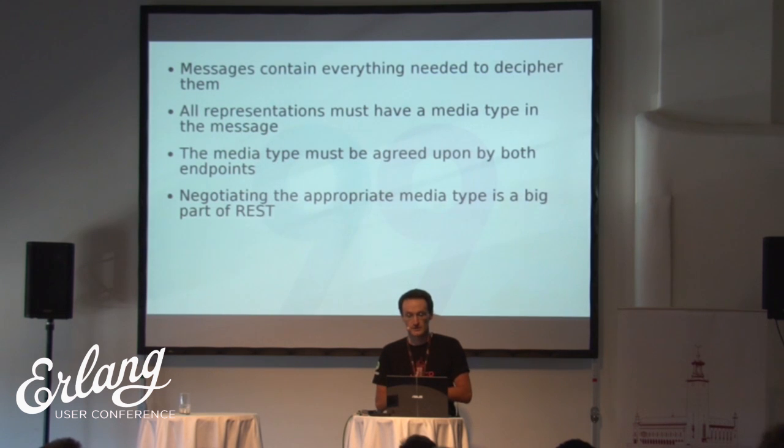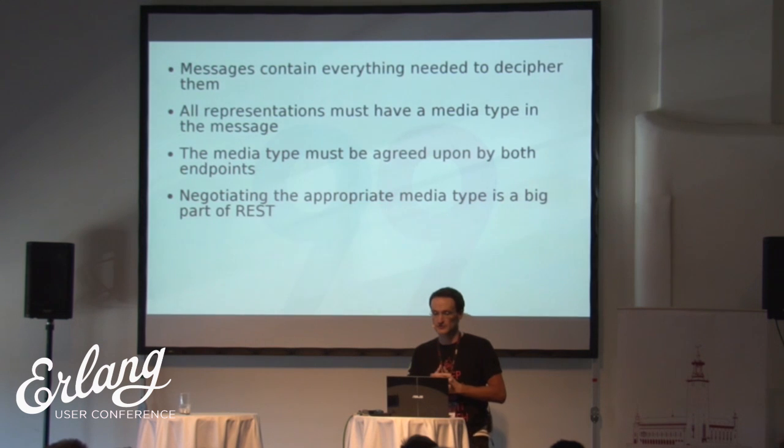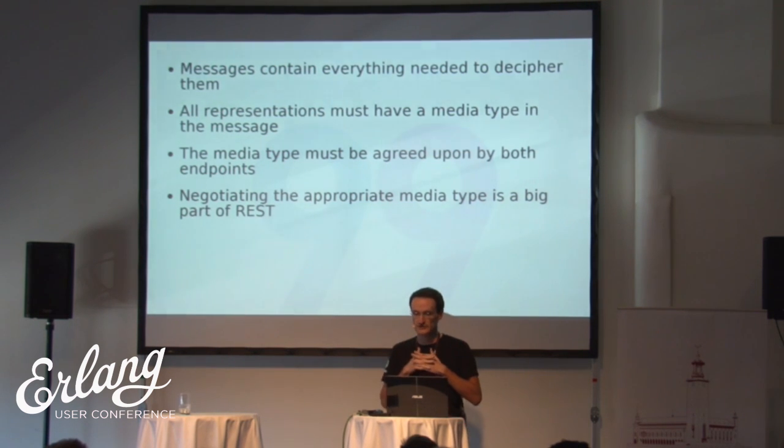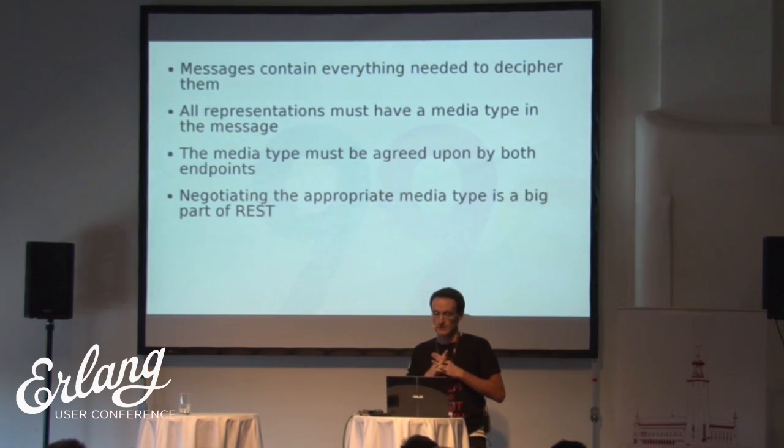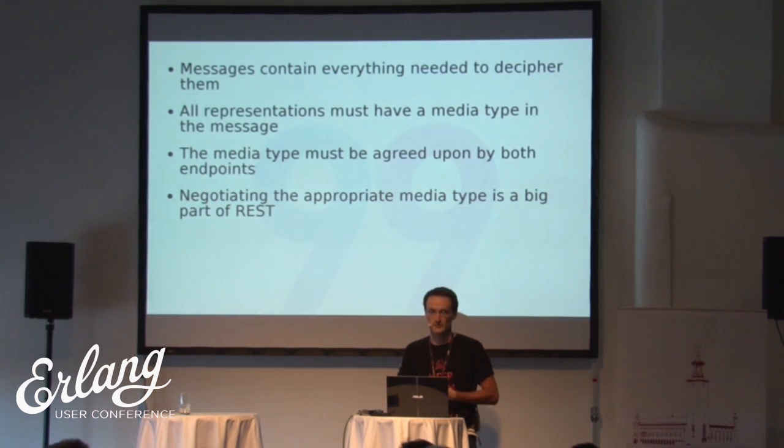So this part is probably the most important part, and this is one that is typically misunderstood. In REST, all messages must contain everything that you need to be able to decipher them.